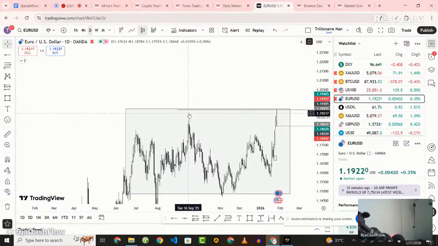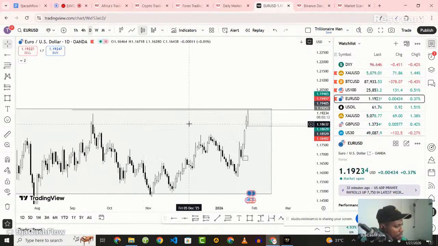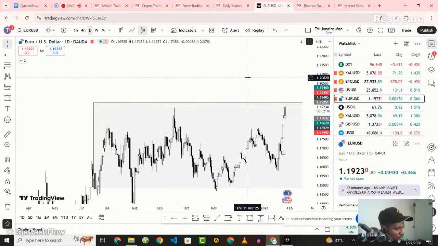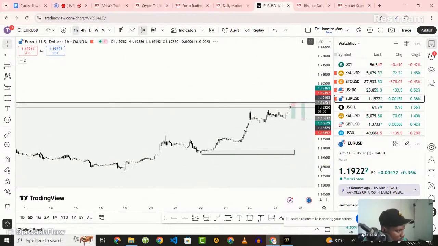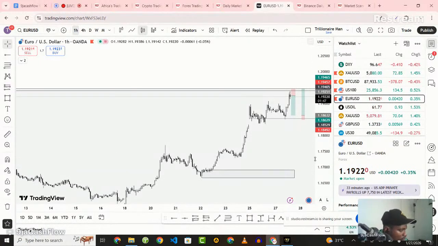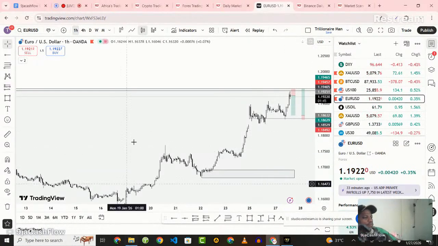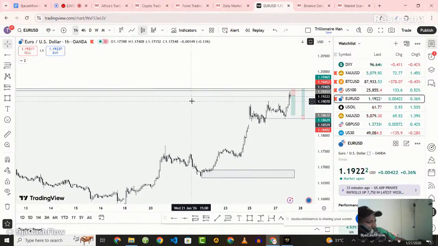But yeah, it is what it is. If you are willing to reach 20 pips, then enter the setup.